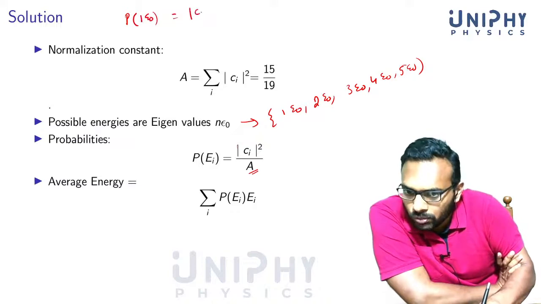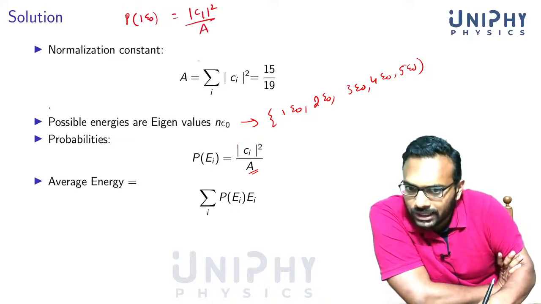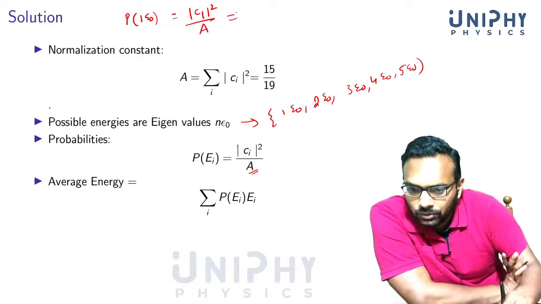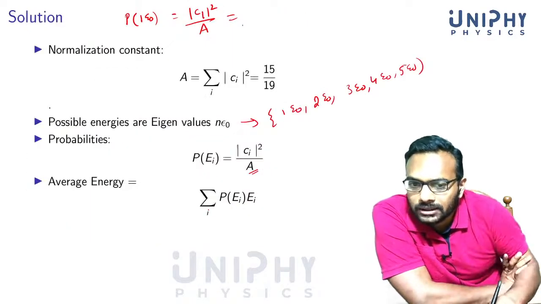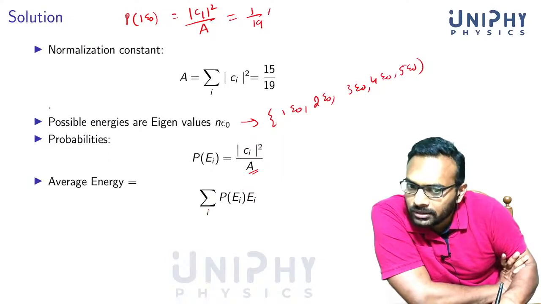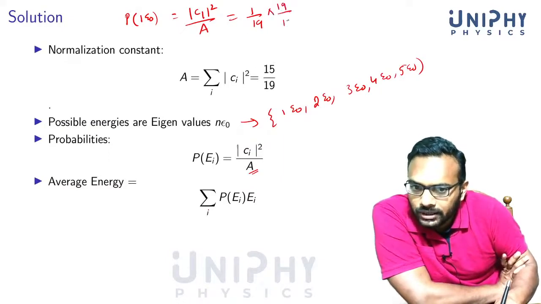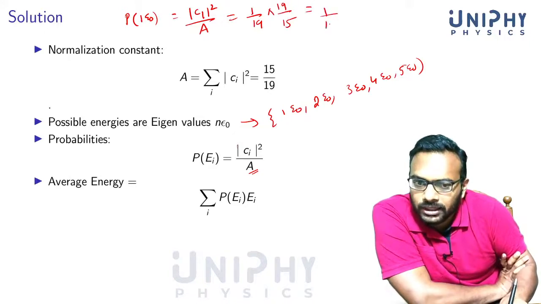That's equal to mod C1 square divided by A, the normalization constant. And what's mod C1 square? Mod C1 square is 1 by 19. So that is 1 divided by 19 multiplied by 19 by 15. So that's equal to 1 by 15.